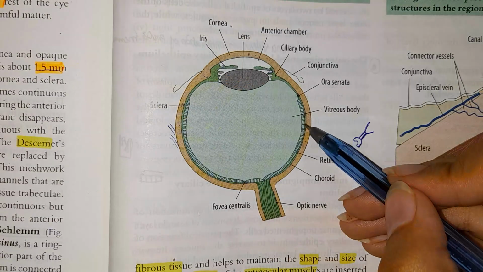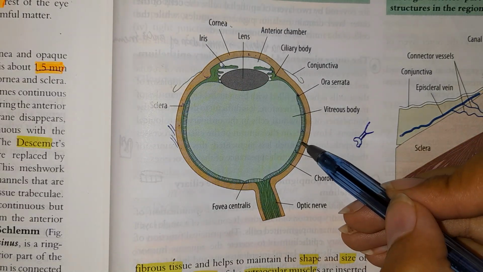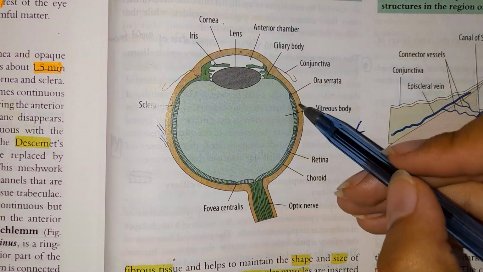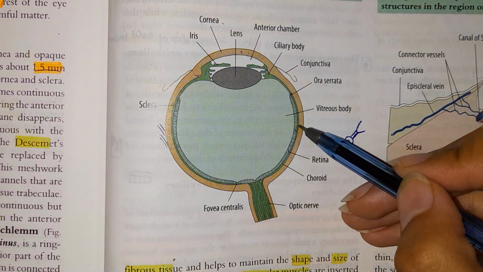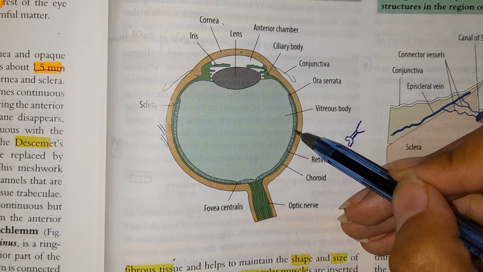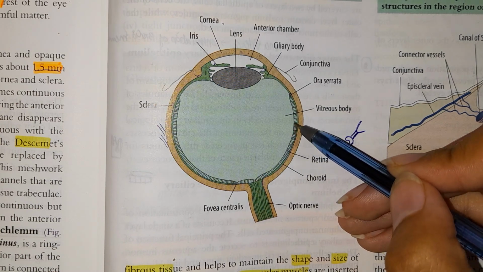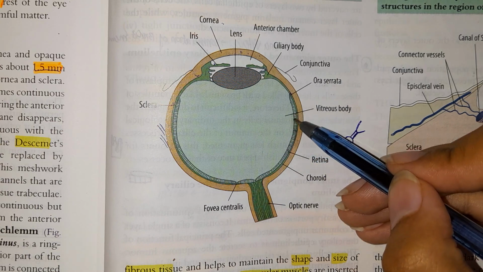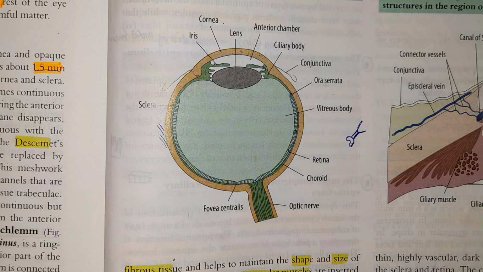The layer of the retina that is toward the choroid forms the pigmented layer, and the one that is towards the inside forms the neural layer.